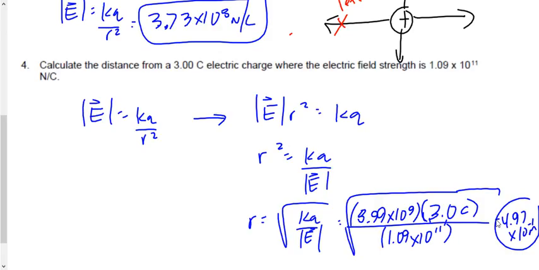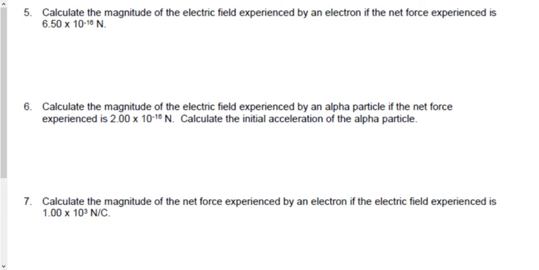All right, number 5. Calculate the magnitude of the field experienced by an electron if the net force is 6.50 times 10 to the negative 16. Clearly, this electron is not producing the charge, it's experiencing the field. That's why it says, what's the field experienced by the electron?